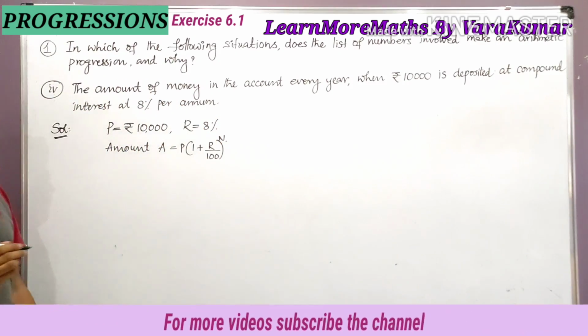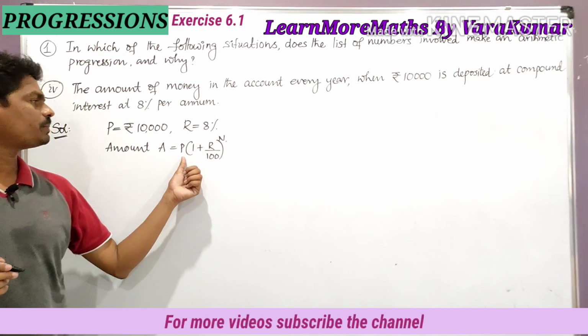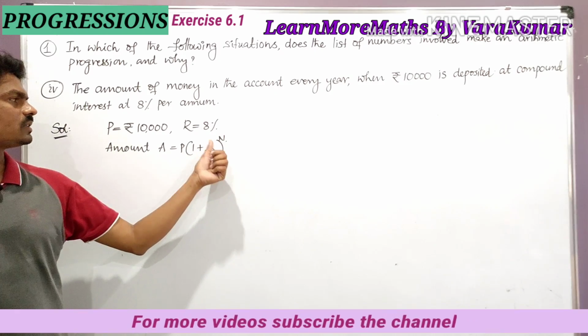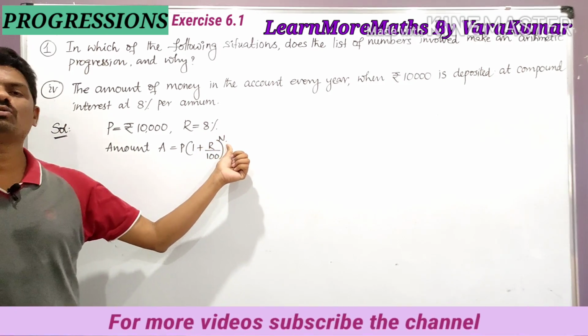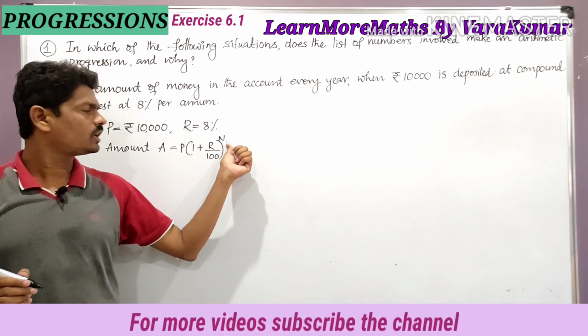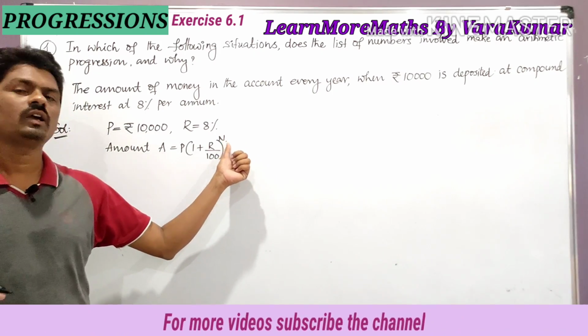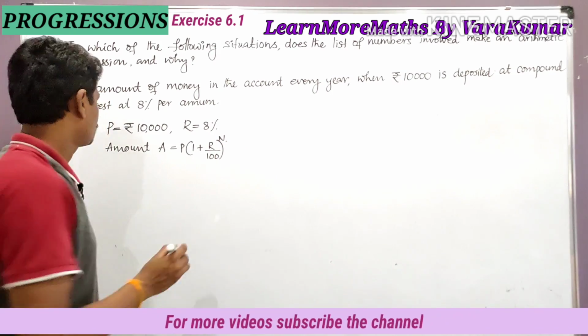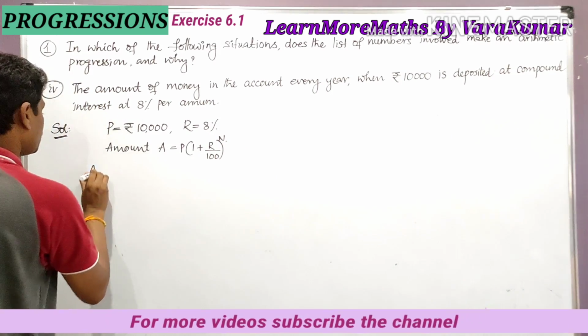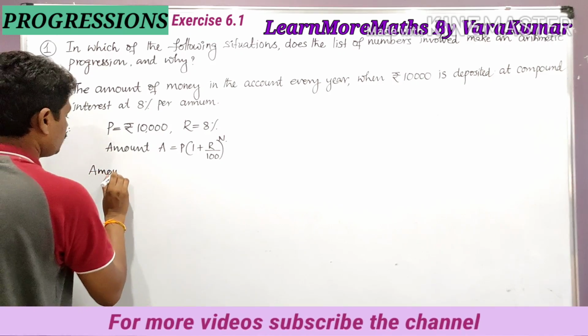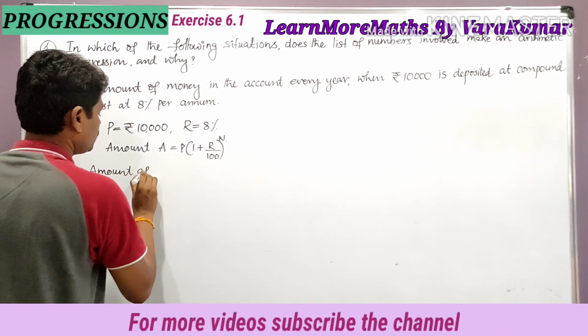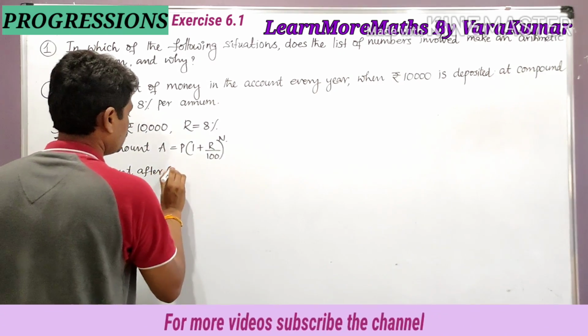So this is the formula, student. A is amount, P is principal, R is rate of interest, n is the number of years. Here for every year we have to find, so n is equal to 1 here. So the amount after 1 year, or the first year.